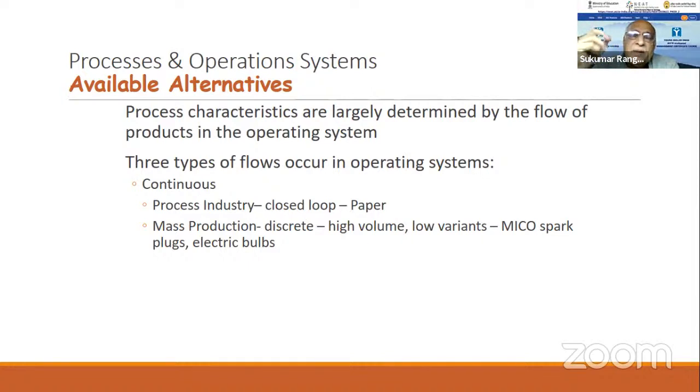And if you see the final paper drum where the paper comes out, it is just reeling it out continuously, because most of them are high volume productions, process industry. As I told you again, steel manufacturing is totally process. You can't even close down.